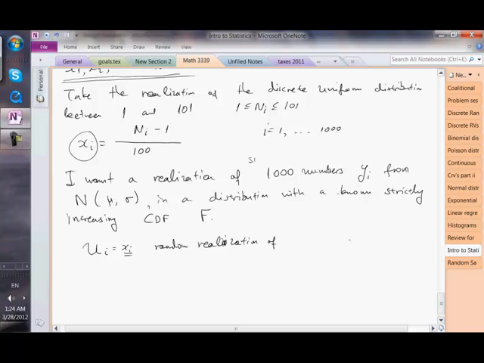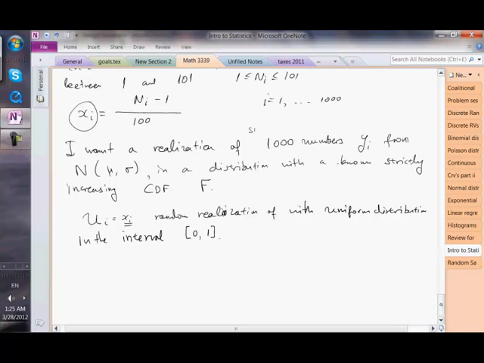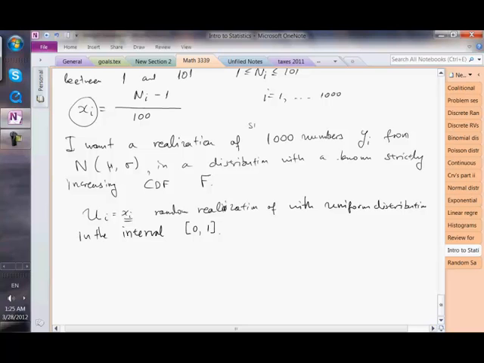Now, probabilities actually vary within this interval.